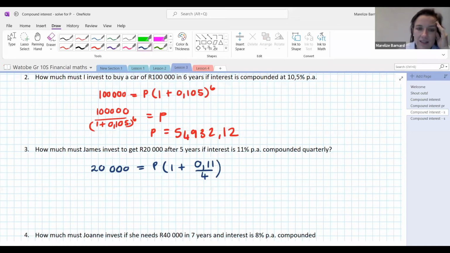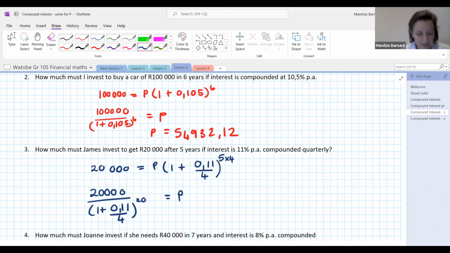And then our years, we have 5 years, but we are compounding quarterly, so we need to times that 5 by 4 to get 20. There's lots of different answers coming in, but that's basically what it comes down to. And then we're going to divide our 20,000 by 1 plus 0.11 over 4 to the power of 20. And that's going to give you P.